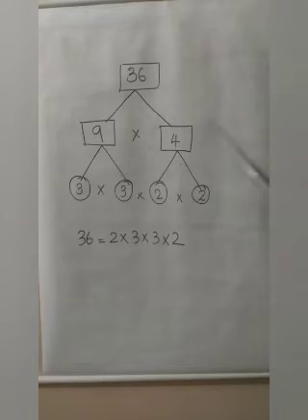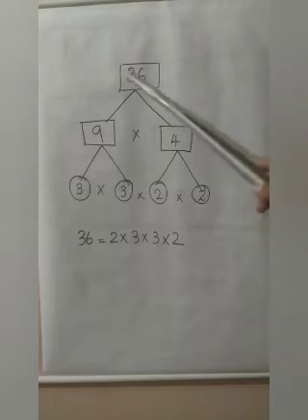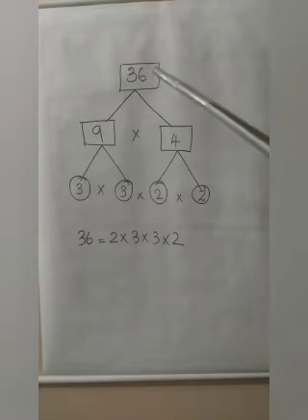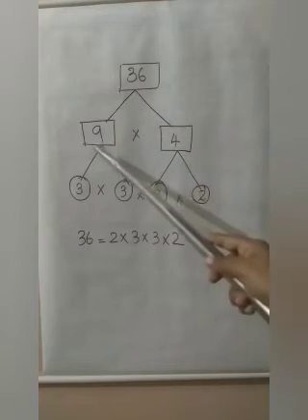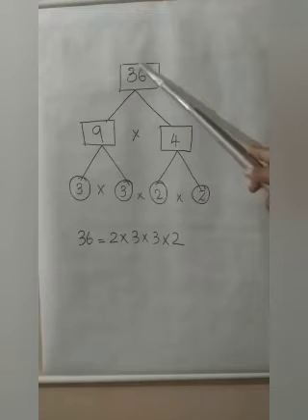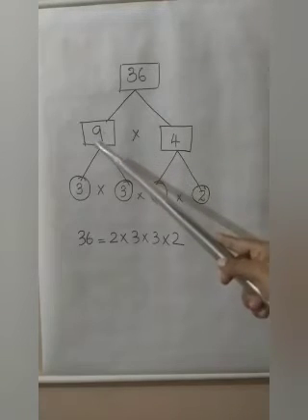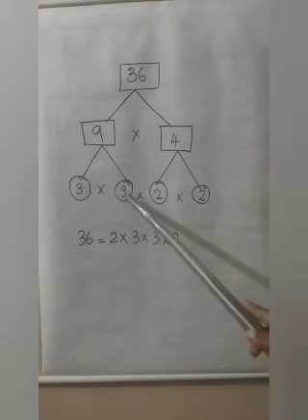Now, factorizing in this way, like branches of a tree, is known as a factor tree, isn't it? We express this prime factorization by first expressing 36 as two branches. Which are the first two branches? 9 and 4. The product of 9 and 4 gives you 36. Now again you factorize 9: 3 into 3.